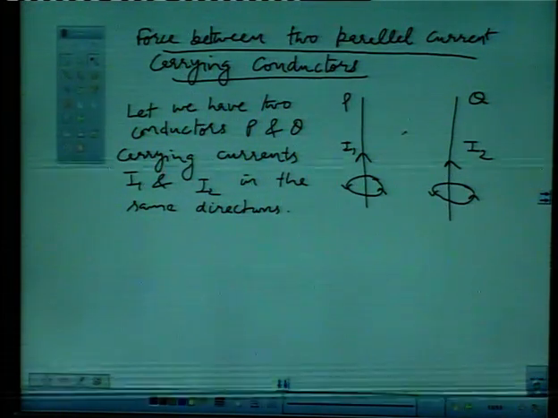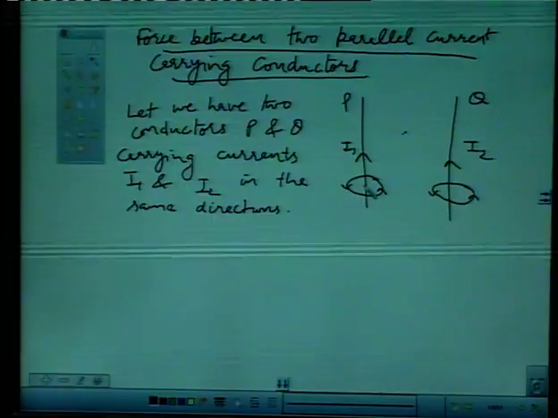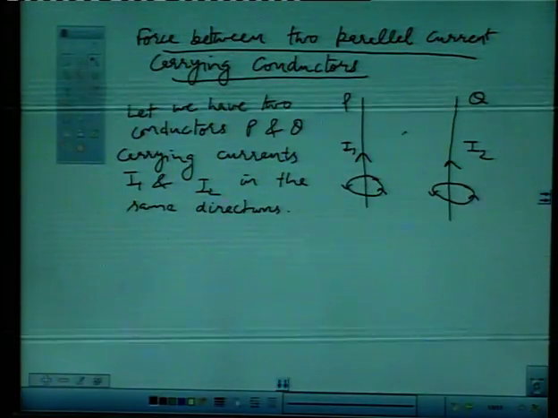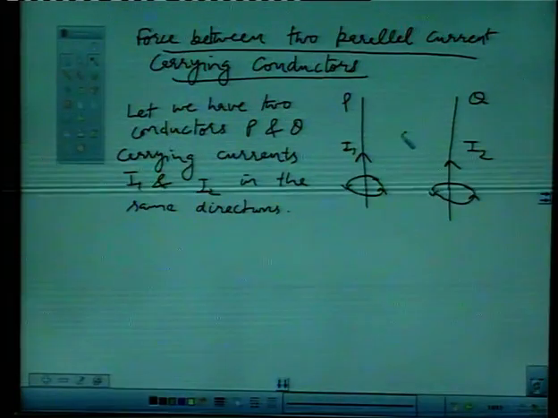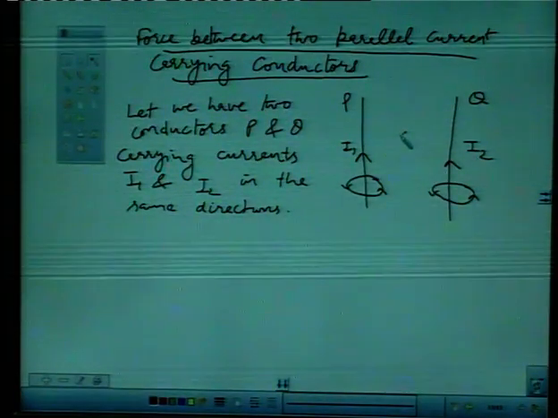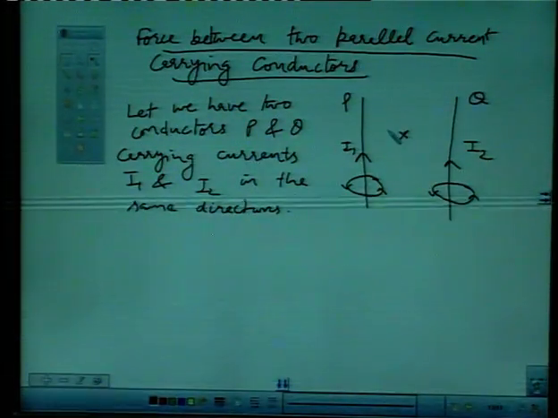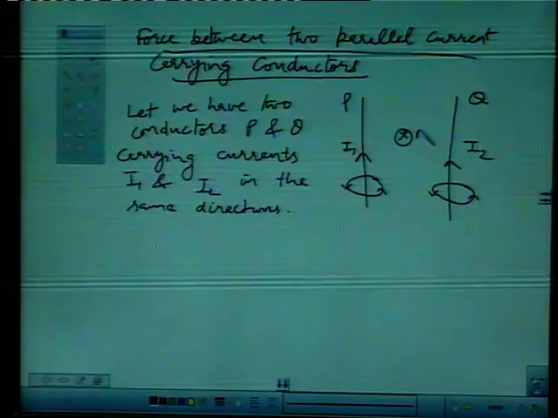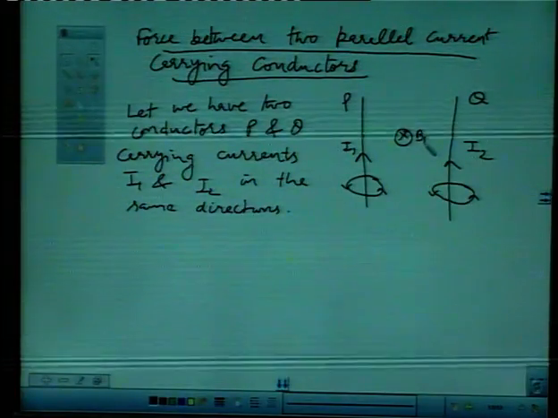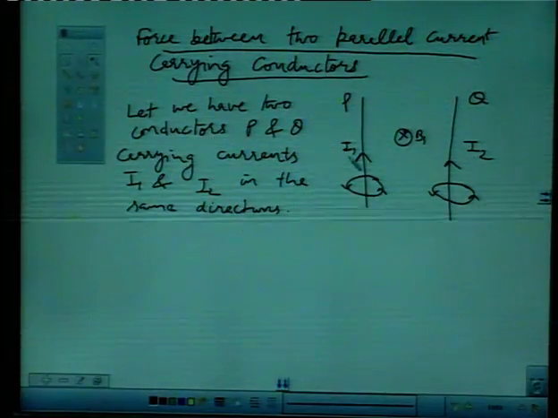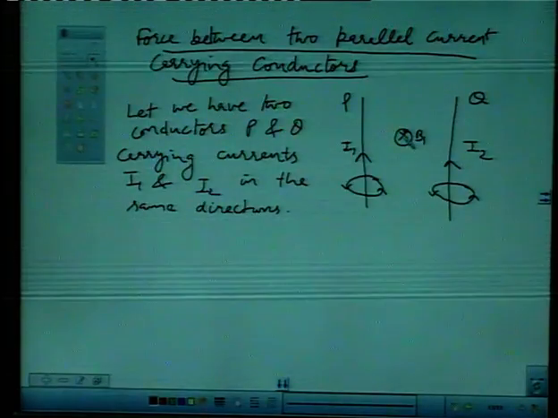Now, we will find the magnetic field due to this first conductor P at the center. So, when we apply the right hand thumb rule, the direction of the magnetic field will be perpendicular. B1 is the magnetic field due to current carrying conductor I1. This will be perpendicular at this point.